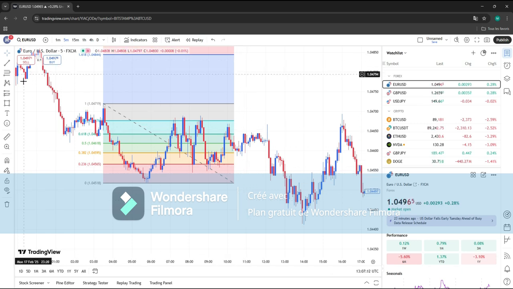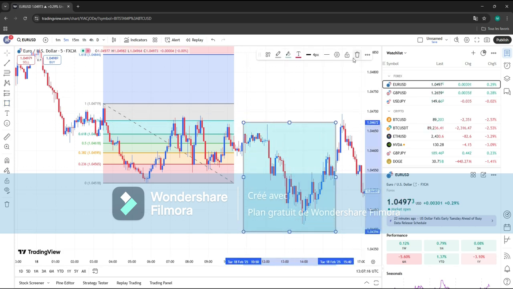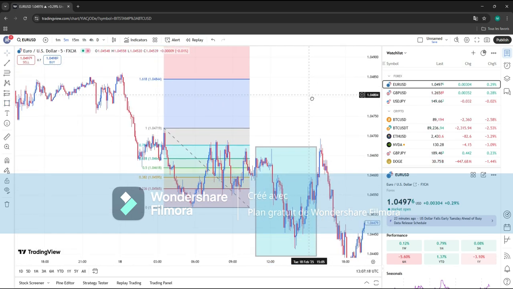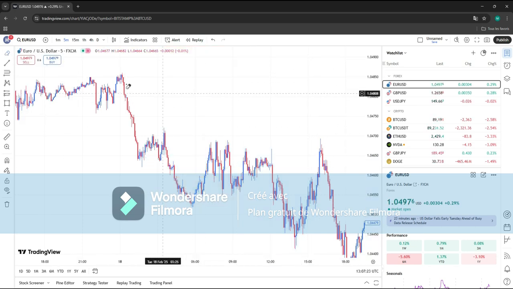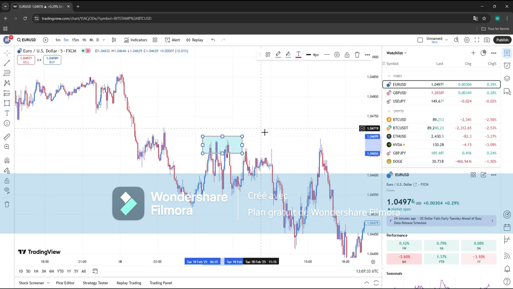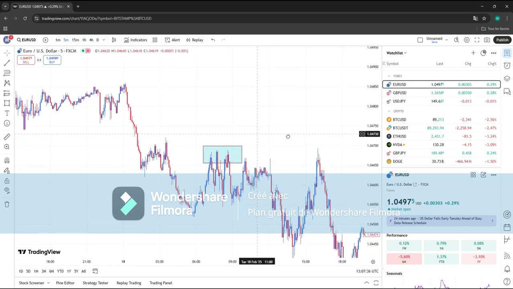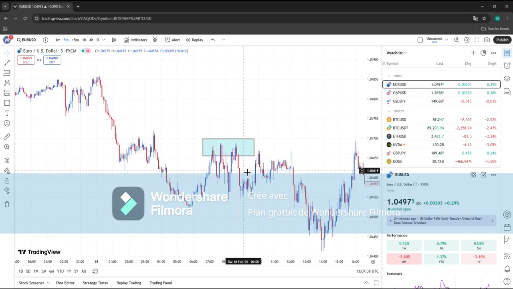How do we use this Fibonacci retracement? Select the Fibonacci retracement. In this zone, we have a 3 tap.